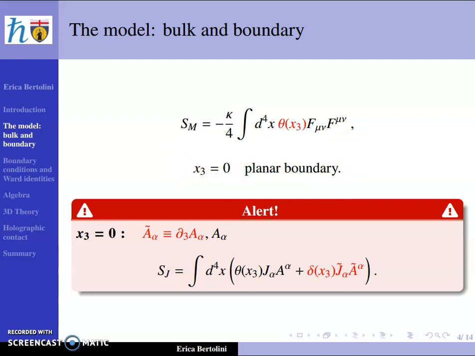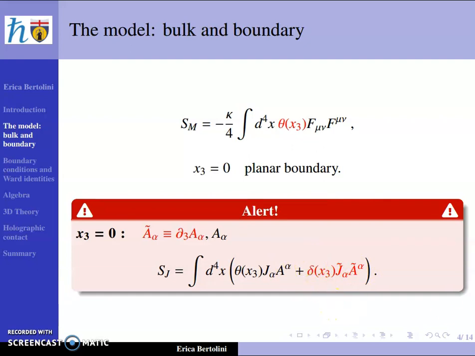A first remark must be made: due to the presence of the boundary, on this boundary we have two independent fields, which are not only the gauge field A, but also its normal derivative with respect to the boundary, which we call A tilde. For this reason, we must add a second external source term in the action, which must be only on the boundary.